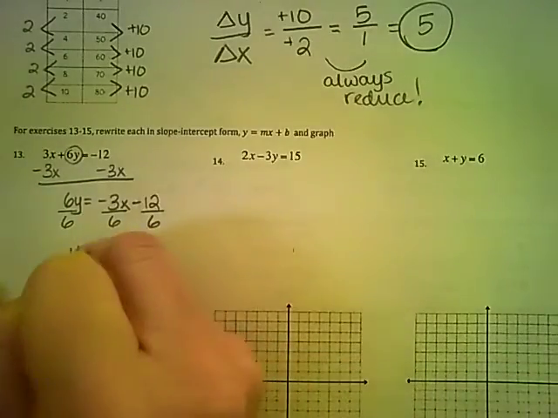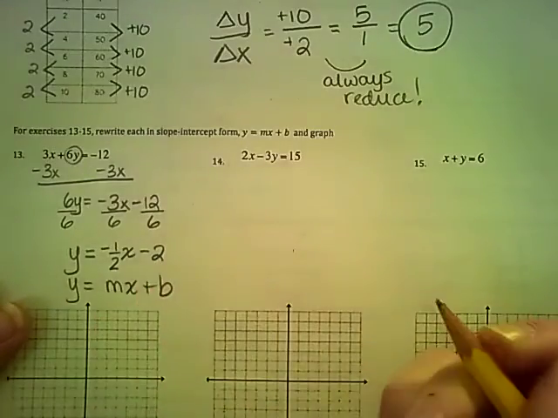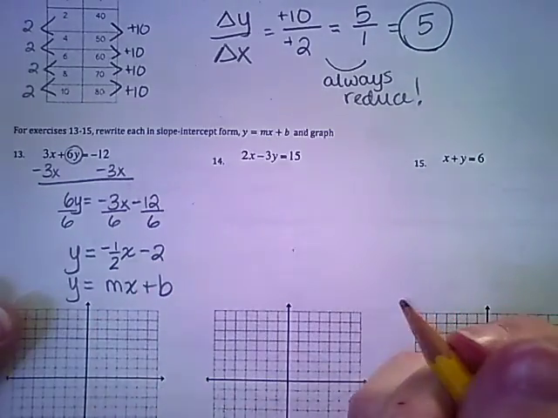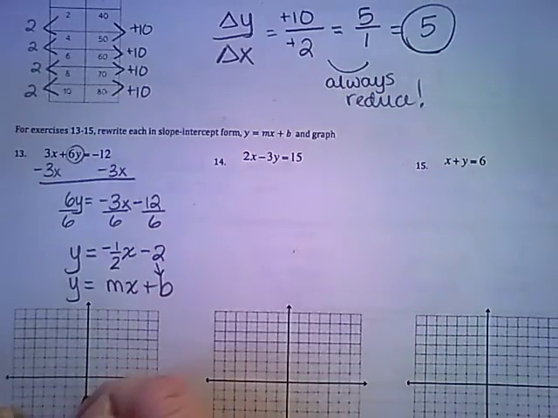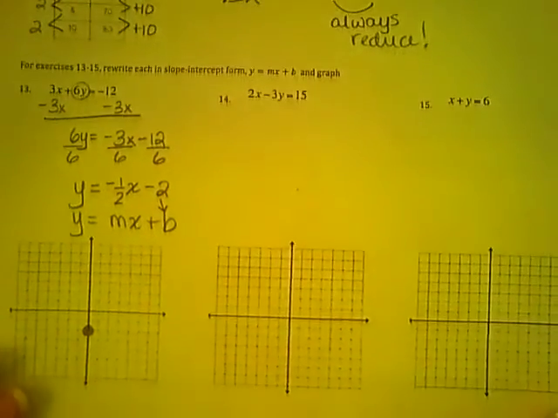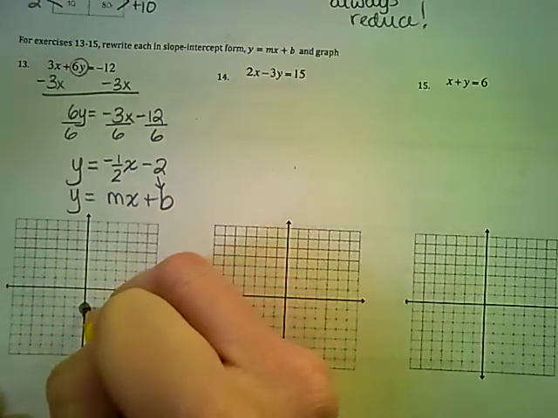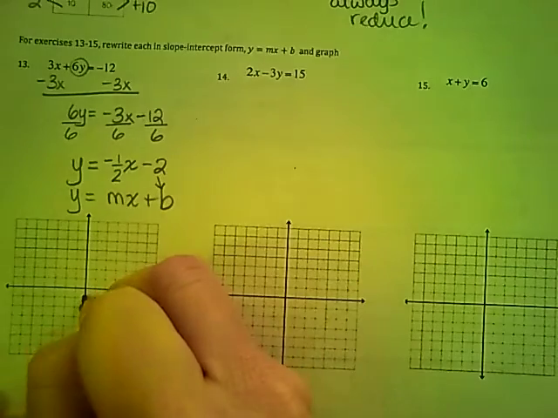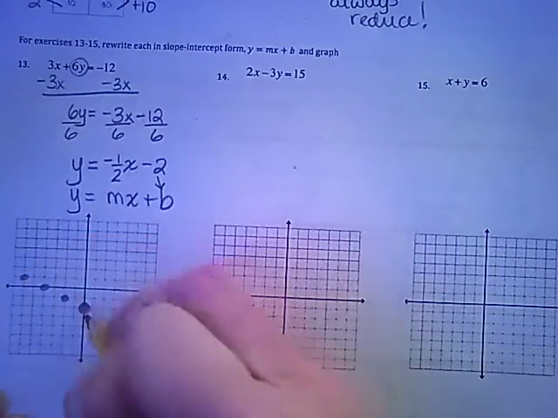So I've rewritten this so that it's in y equals mx plus b form, which is what I wanted to do. My b is negative 2, so on the y-axis, that is my starting point at negative 2. From that negative 2, I'm going to go up 1 over 2, up 1 over 2, up 1 over 2.